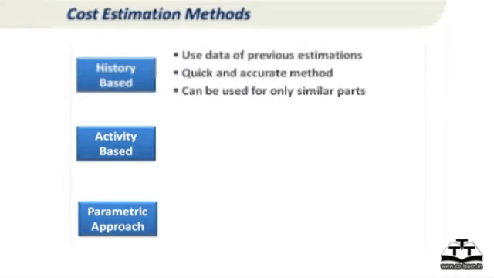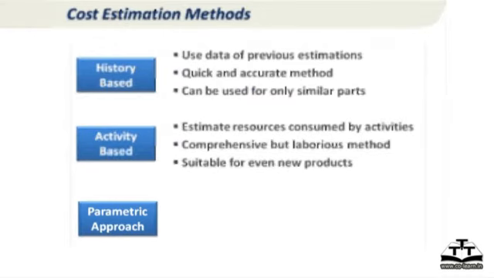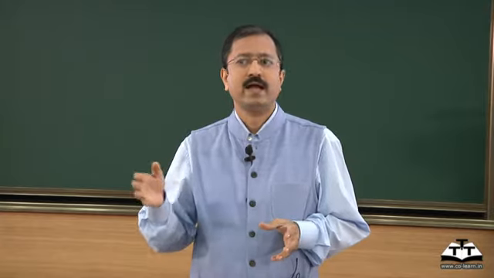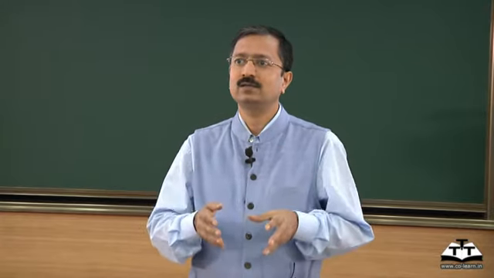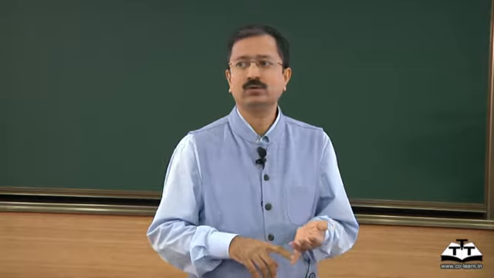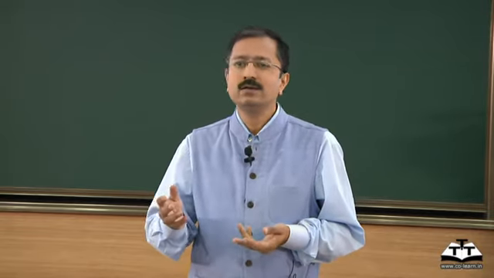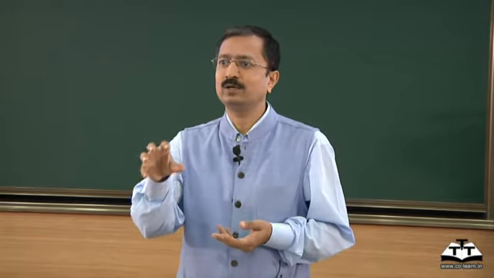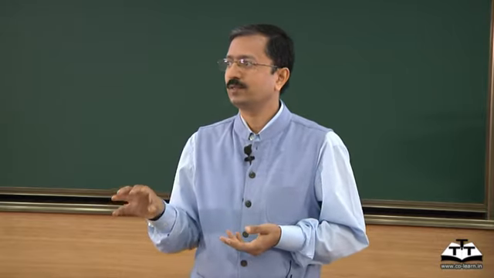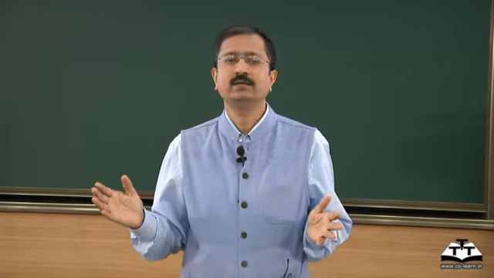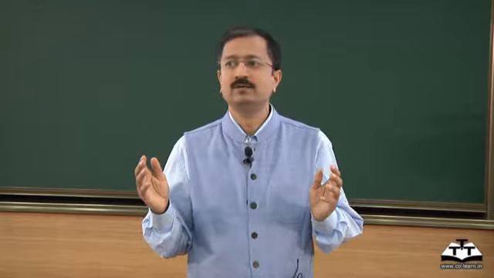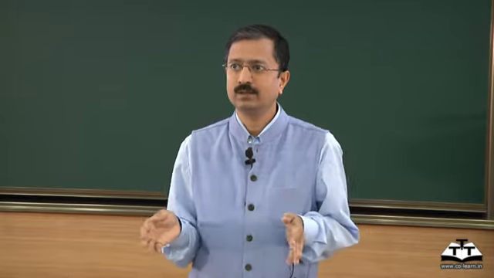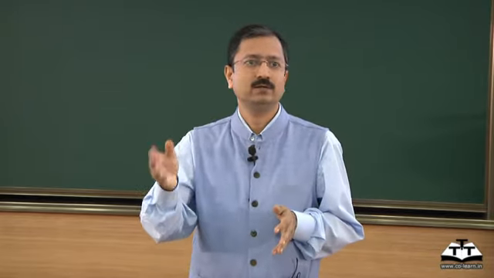But the one which is really becoming more popular today is called ABC, or activity based costing, where you are looking at what is the life cycle of a component or a part or a product, what are the different activities in that, and in each activity what are the tasks, and for each task what are the inputs going in terms of material, labor, energy, and sometimes they make it a little dirty by saying overheads also, but you are not supposed to put overheads in ABC, because you break everything down finely in terms of resources which go only in that activity, new materials or new energy or new labor or whatever.